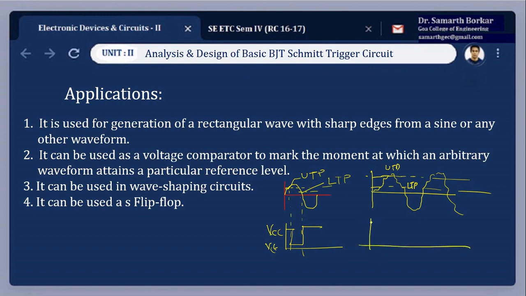So we can very well generate a pulse signal from any kind of input signal. That is the meaning of the first point mentioned here. Next, it can be used as a voltage comparator to mark the moment at which an arbitrary waveform attains a particular reference level. It can be used in wave shaping circuits, and it can be used as a flip-flop. Flip-flops are used as memory elements.